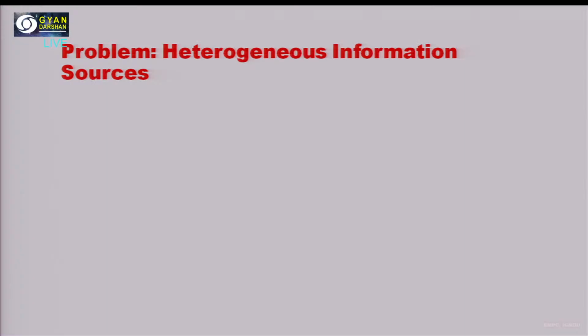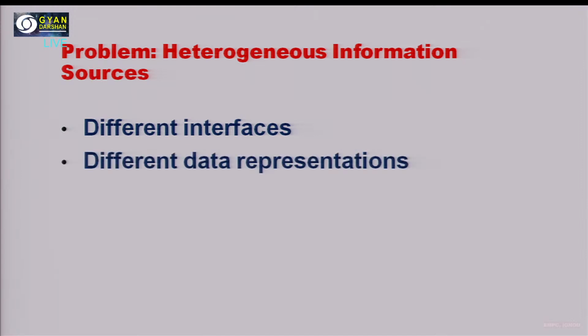Now, when we talk about data pre-processing, let's understand what the actual problems are in heterogeneous information sources. Because for those information sources, we need data from different locations. Every single location has data in different interfaces. They have different kinds of data representation forms.